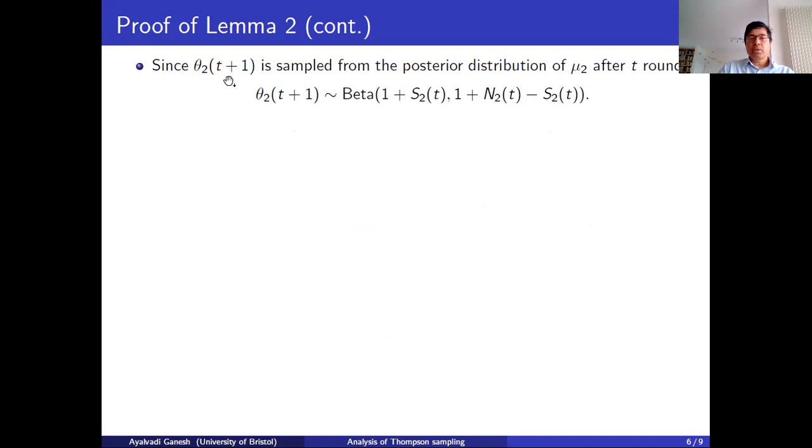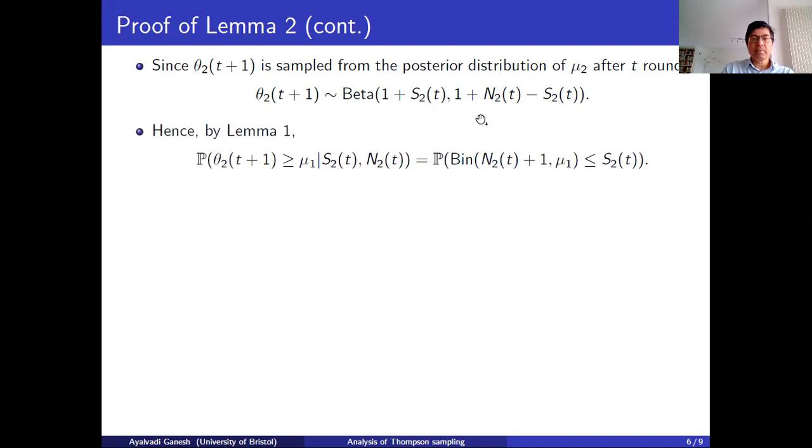So θ2 at time t plus 1 is sampled from the posterior distribution for mu2 after t rounds, and that's a beta distribution with these parameters, 1 plus S2t and 1 plus N2t minus S2t. So the number of successes plus 1, the number of failures plus 1. Now we want to say something about the probability that this beta random variable is bigger than mu1.